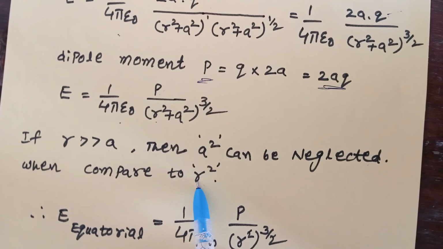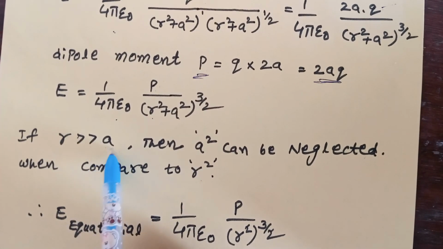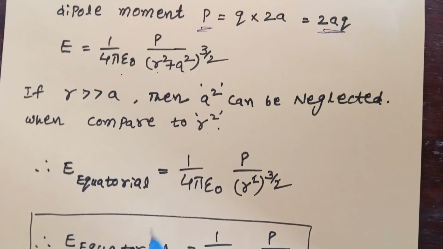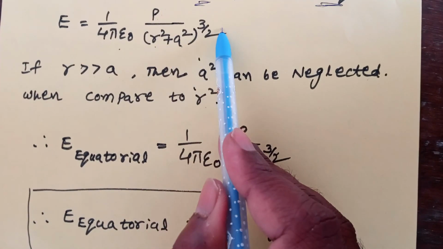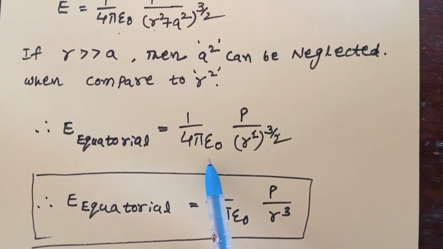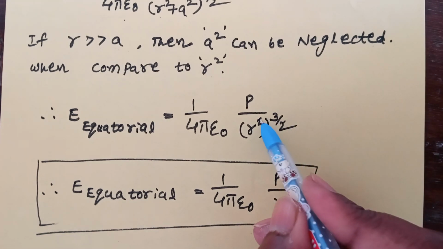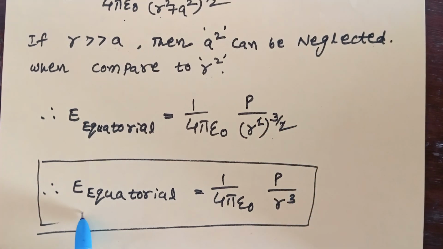Since a is very small compared to r, the a value can be neglected. So E equatorial is 1 by 4 pi epsilon naught p by r square whole to the power of 3 by 2. The 2 gets cancelled, so the electric field on the equatorial line is E is equal to 1 by 4 pi epsilon naught p by r cube.